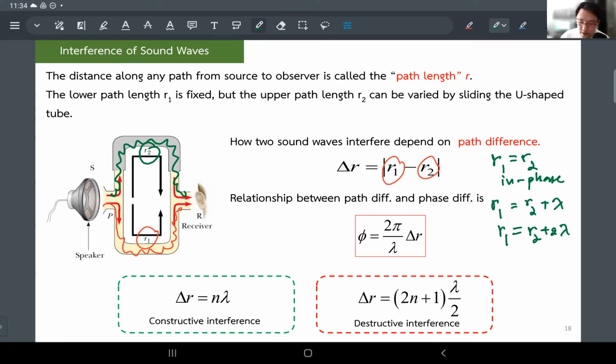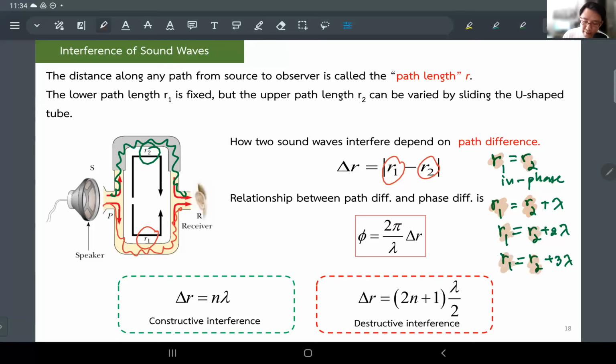Get the idea? So that means as long as one path length is different from the other by a multiple of lambda, perfect. You're going to get constructive interference all the time. So all we care about is the difference between these two.